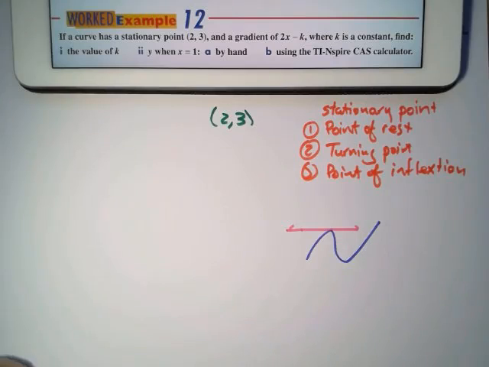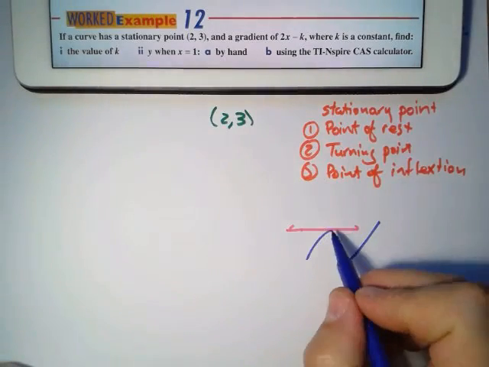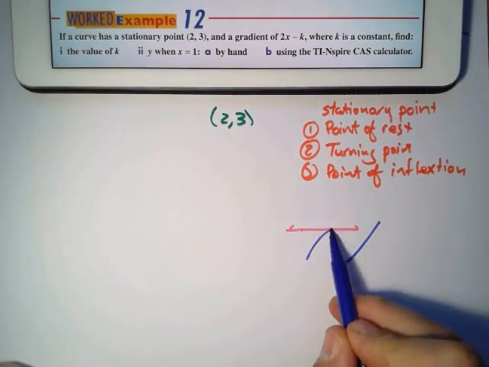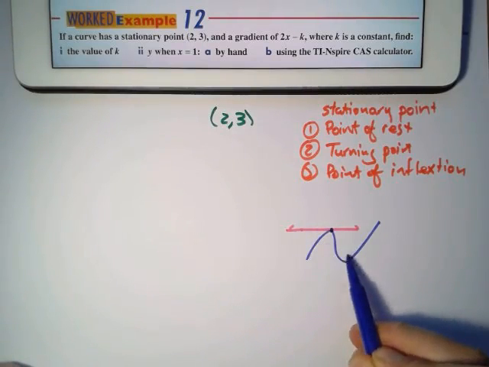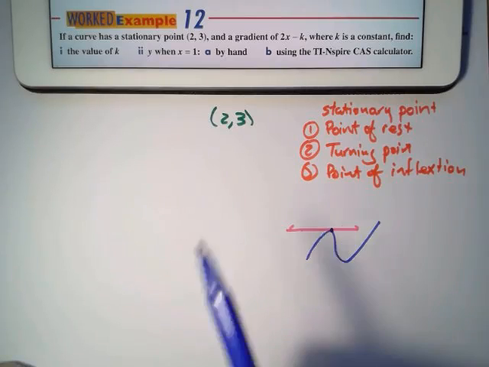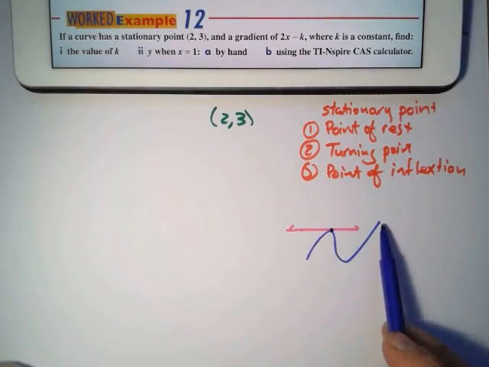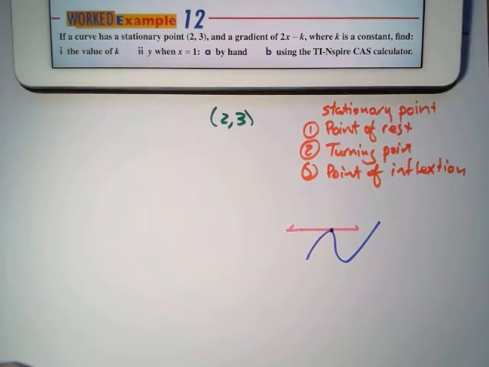So that gradient there, if I say (2, 3), it means that the stationary point is there. That point is on the pink line as well as on the blue line, right? So the stationary point is on the line as well as on the gradient.